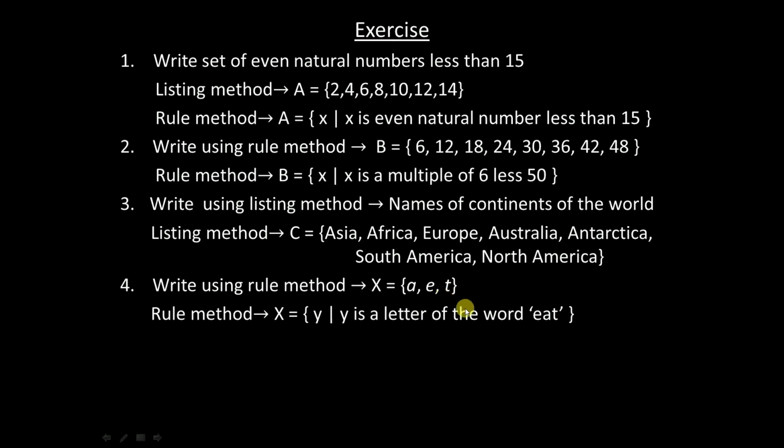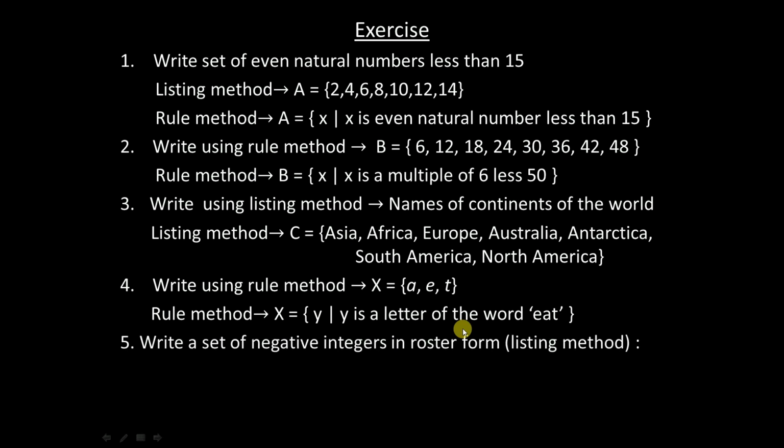Okay, but I have written the simple one which is eat. So here you can say that X is a set of the variable Y such that Y is a letter of the word eat. Okay, that's a simple one we have written using the rule method. So basically in rule method you have to consider a variable and write the property of that variable.